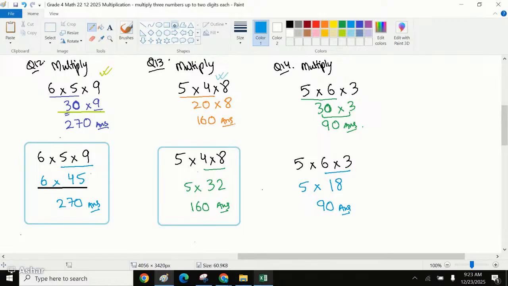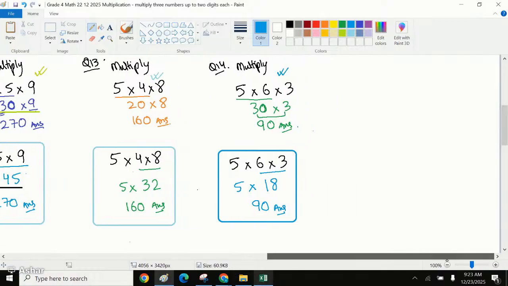But we know that the first method again was the easier method to solve the question. This method is more recommended because the outcome came out to be a number with a 0. When we multiply 5 multiplied by 6, it becomes 30. And when 30 is multiplied by 3, it's much easier because this number is ending with a 0. That means the answer is 90.